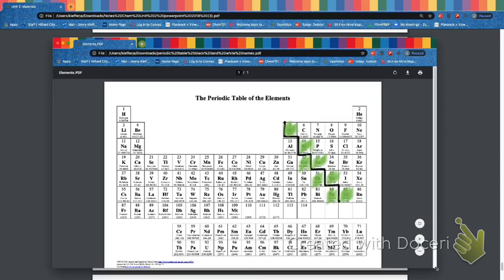And it's not a coincidence that they're kind of on the borderline between metals and nonmetals. Okay? So what you would probably suspect because of where they are, it's probably because they have some properties of metals and some of nonmetals, and that's exactly right.